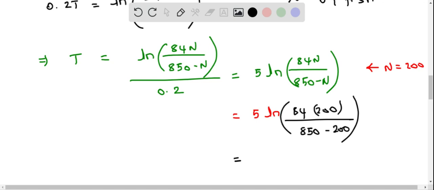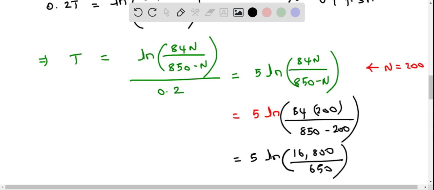So therefore this becomes 5 times the natural logarithm of 84 times 200, which is 16,800, over 850 minus 200, which is 650.